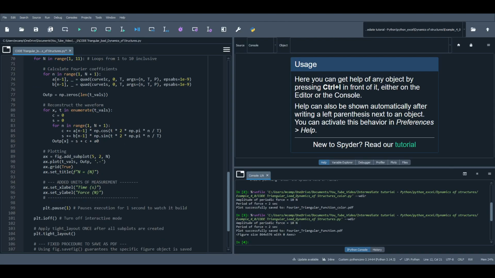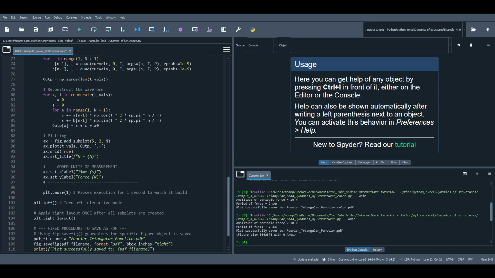After, there is the plotting of the graph. In line 89, ax equal figure add subplot, add a subplot to the figure in a 5 row by 2 column grid, and determine the position 1 through 10. Ax plot the reconstructed wave against the time using dots connected by lines, and set the title, force in X, in Y in Newton.